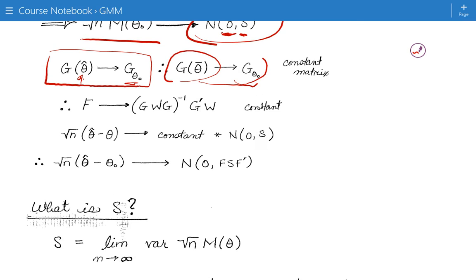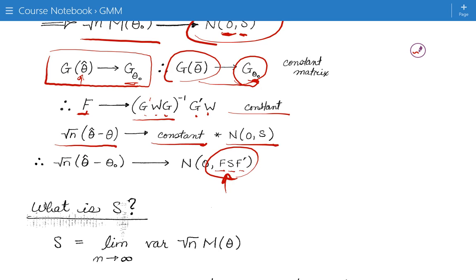So we essentially just have our G function, which I'll drop the theta naught component in here, and F above is simply (G transpose W G) inverse times G transpose W. This is a constant matrix. So essentially we have the square root of n times theta hat minus theta is a constant times the normal 0 with variance S. So it converges to a normal with variance F S F transpose. This is a way of, in matrix notation, squaring the constant, putting the F and F transpose on the outside.